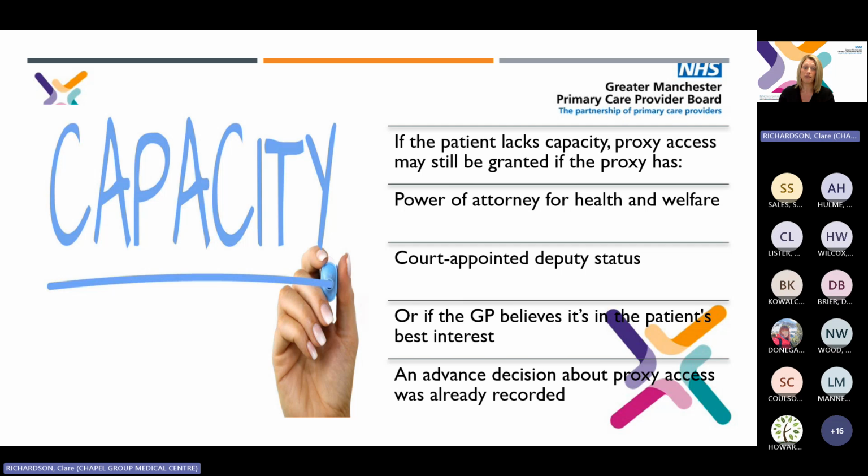Proxy access may form part of normal advanced planning for dementia or end of life care, something the GP should be mindful of. And no, this is not always done, but I think going forward, GPs need to be part of the proxy access and advanced planning.